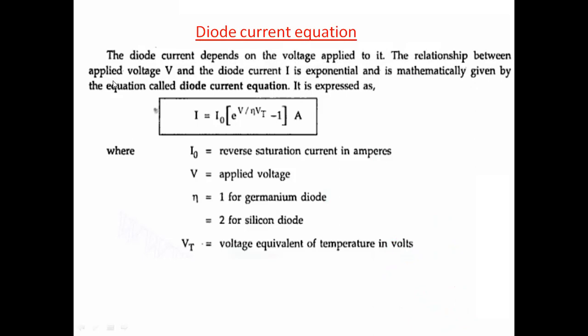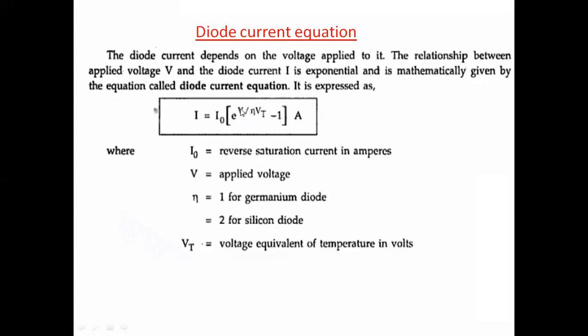The relationship between the applied voltage V and the diode current I is exponential and is mathematically given by I equals I naught into e power of V by eta Vt minus 1 amperes, where I is the current through the diode.